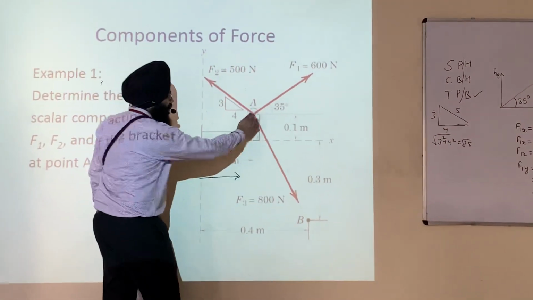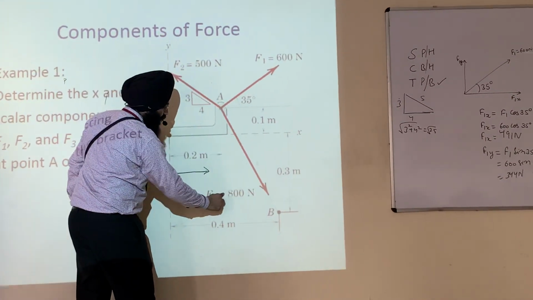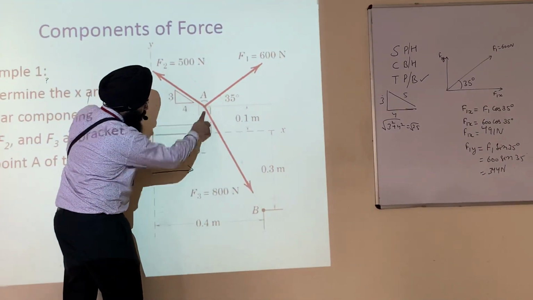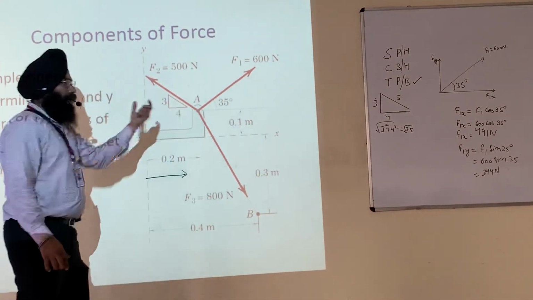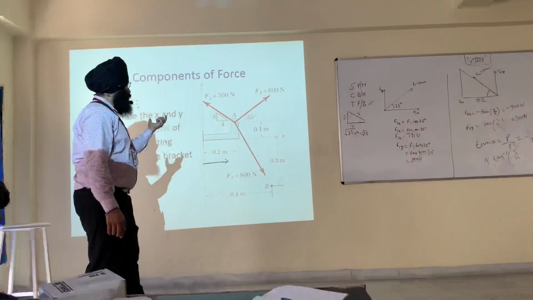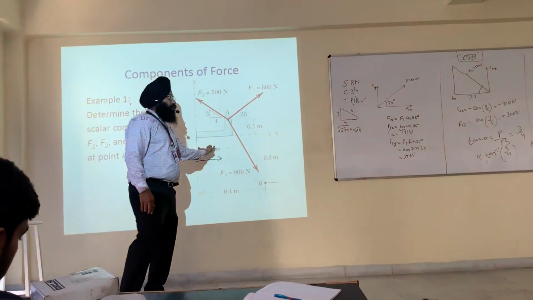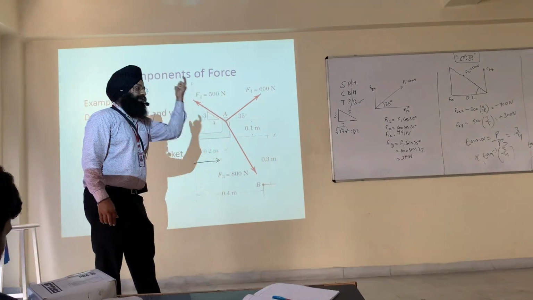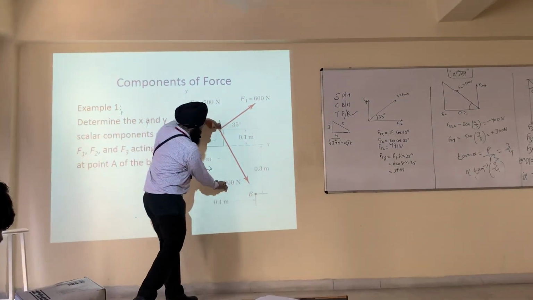If we draw a triangle over here, the distance 0.2 will be the perpendicular, and 0.4 is the base.